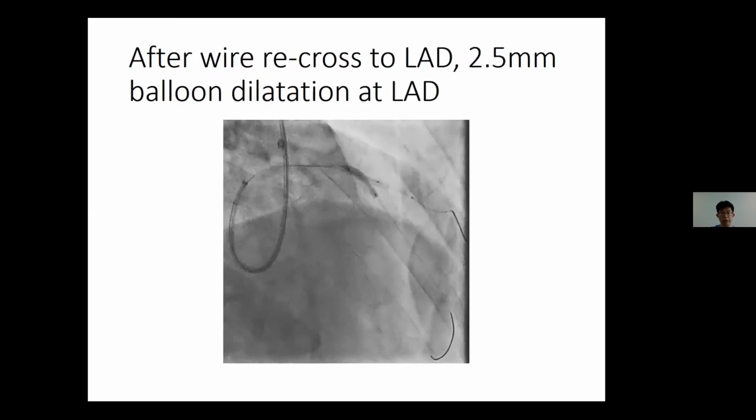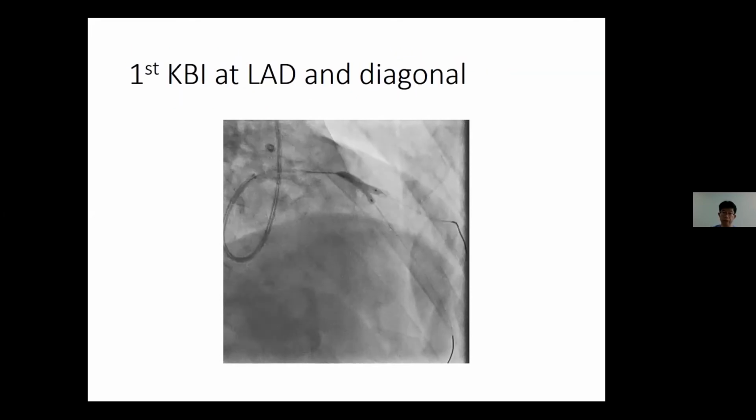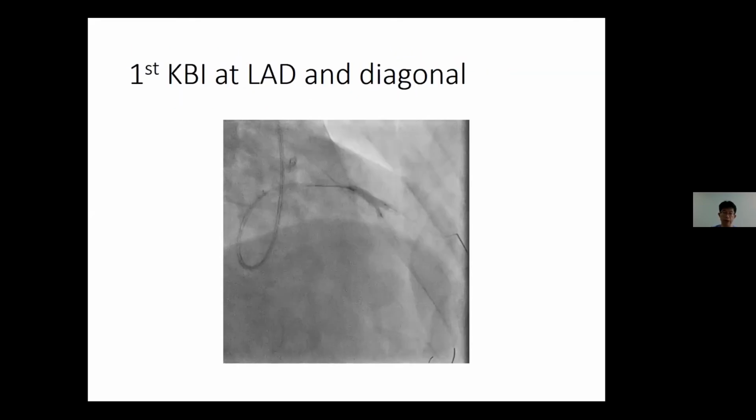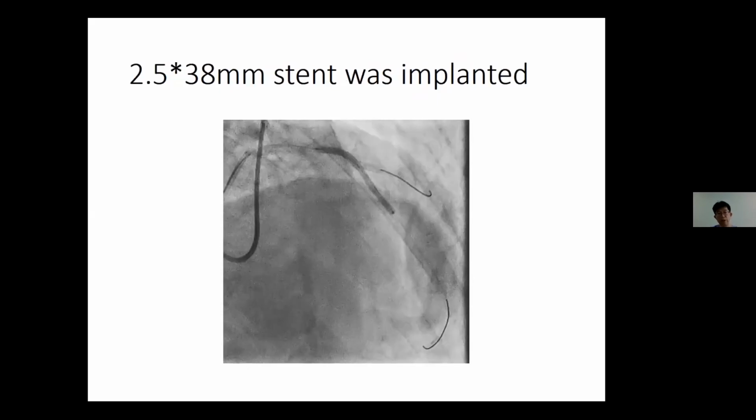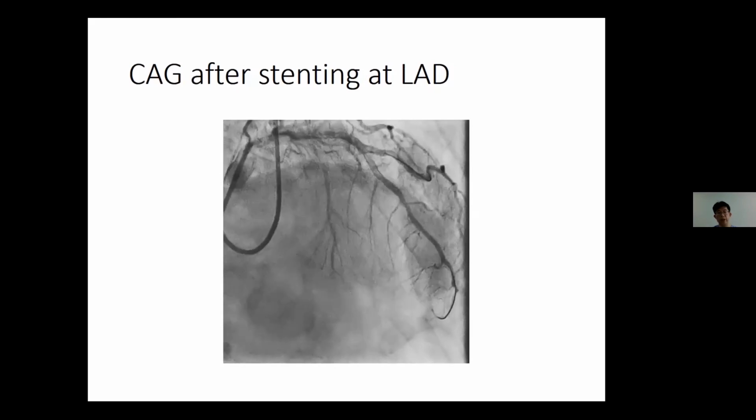After POT, wire recross to the LAD. After wire recross to the LAD, 2.5 millimeter balloon dilation at the LAD. And finally, first kissing balloon inflation at the LAD and diagonal branch. And then a 38 millimeter stent was implanted at the LAD. This slide is the CAG after stenting at the LAD.